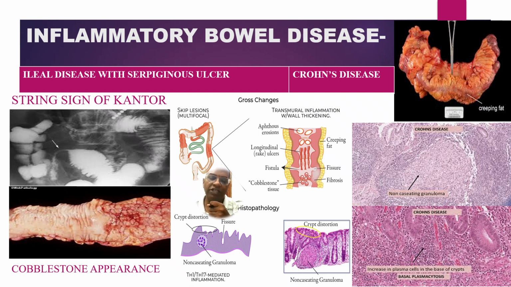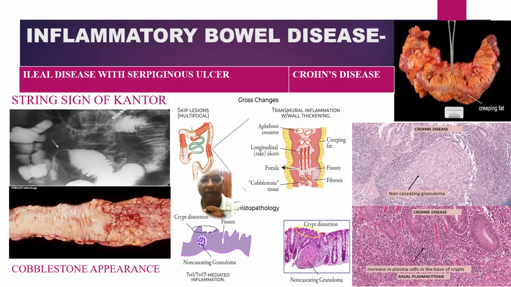There will be extensive fibrosis, which will lead to intestinal obstruction. So, obstruction of the bowel is because of the extensive fibrosis. Contraction of the fibrous tissues will pull the intestine with mesentery, giving it a creeping fat appearance.